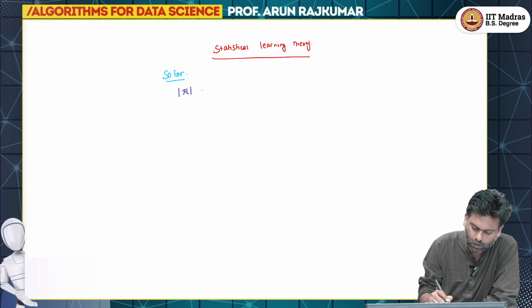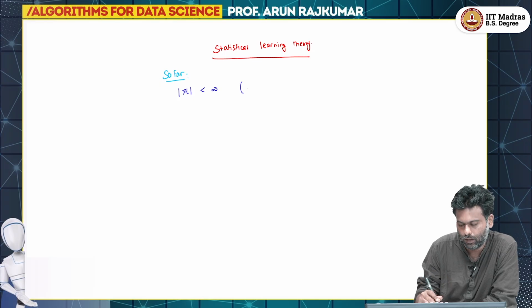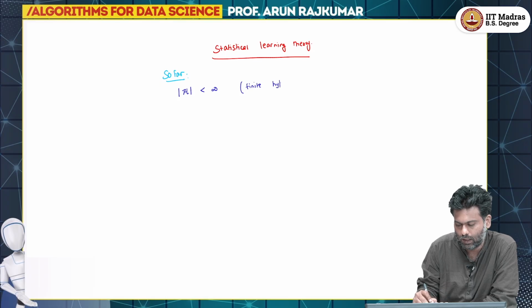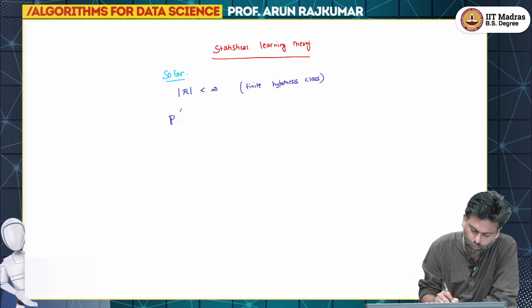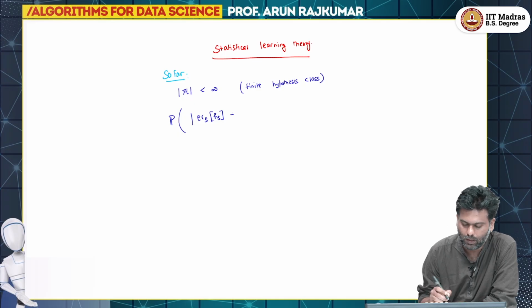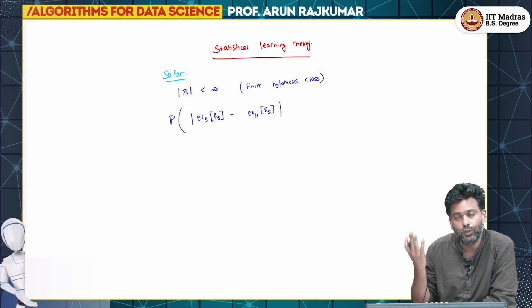When you are learning from a hypothesis class which is finite, that is, it only has a bunch of hypotheses, this is the setup we were looking at last time, which is called the finite hypothesis class. What we were able to prove was that the probability that the train error of the model learned from data, error S of h_S, minus error D of h_S, the test error, that is the distributional error, right.